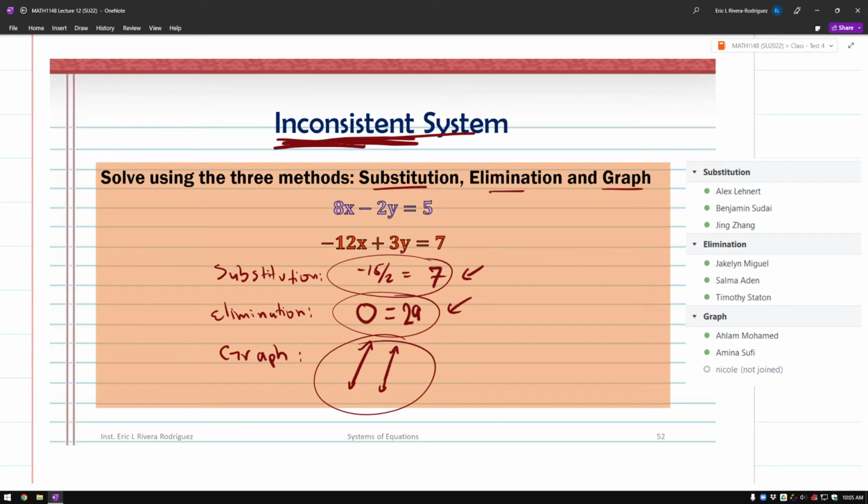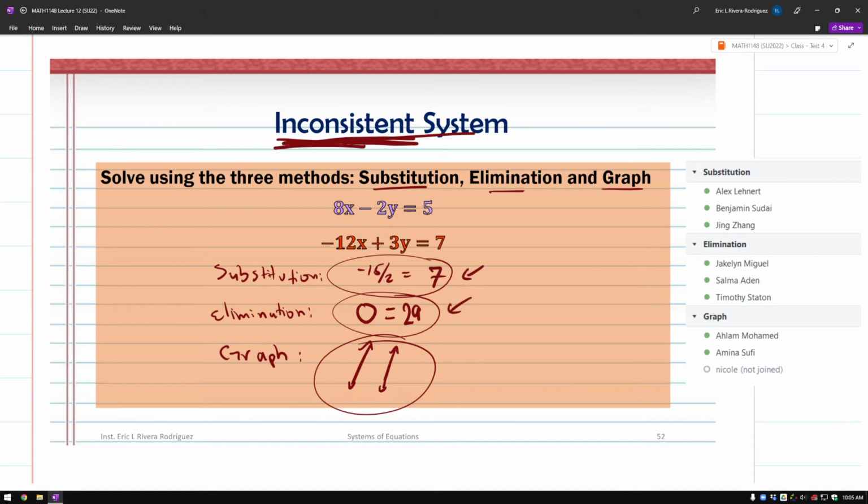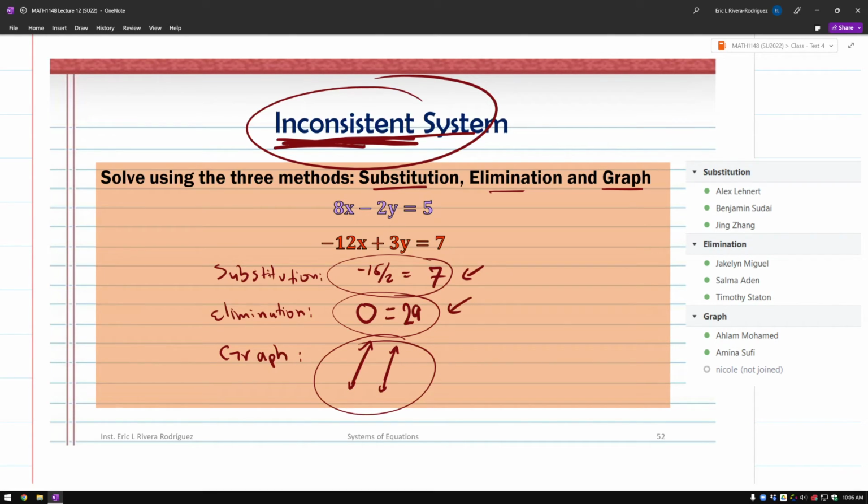There's no x and y, no two values we can plug in and get both equations true. Okay, so you did it right and you solved it. Your final answer is it is an inconsistent system. When you reach this, it tells you this is false, which means we have an inconsistent system. Okay, does that make sense?